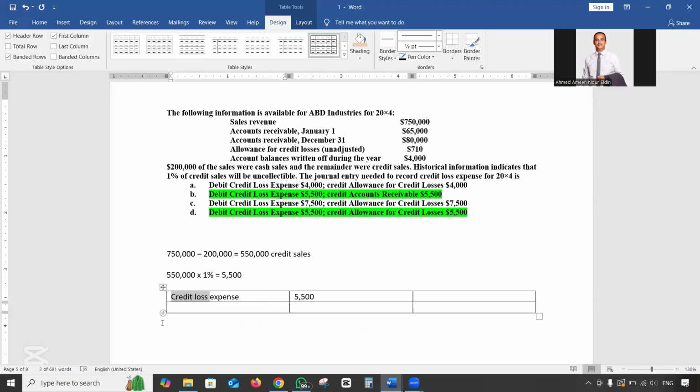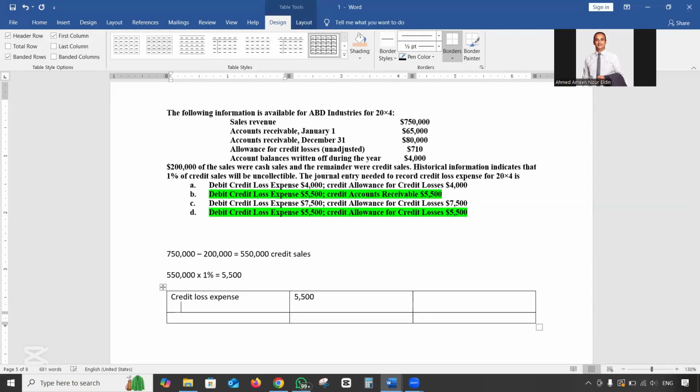If we are selling goods on credit, we may not collect our money from customers, so it is called credit loss expense on the debit side. On the credit side, I write allowance, which means I'm not sure I'll collect this amount or not. Allowance for credit loss for 5,500.